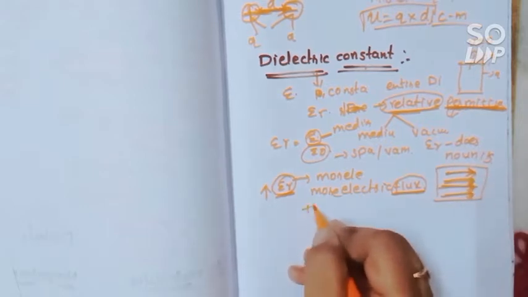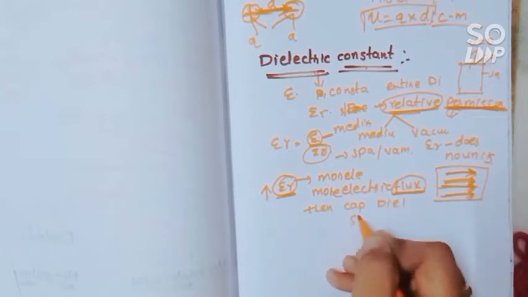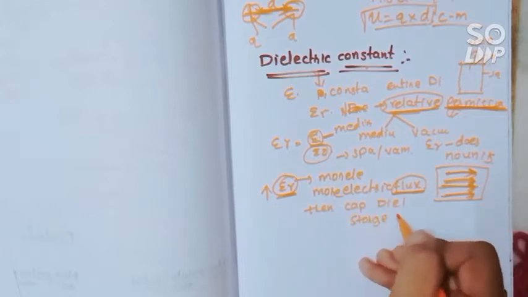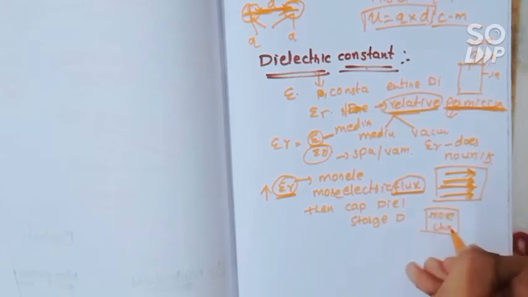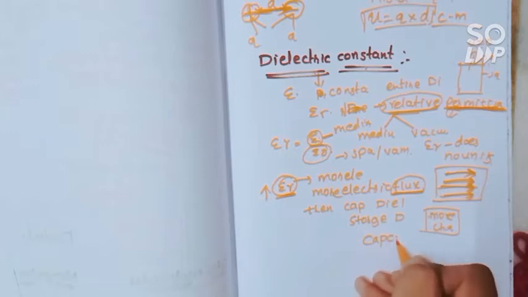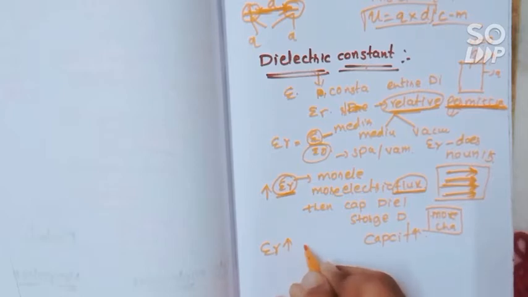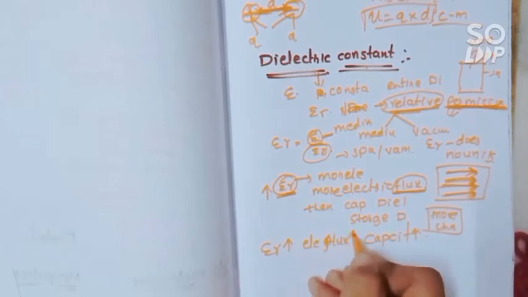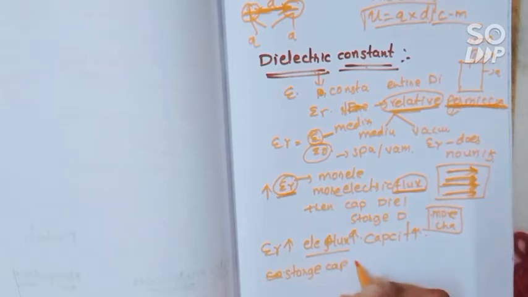Then it will increase the capacitance charge of a dielectric. Means the storage capacity of a dielectric material will increase. The dielectric will store more charge, so the capacitance of the material increases. If epsilon r increases, then electric flux density increases. If electric flux density increases, the storage capacity of charge in dielectrics increases.